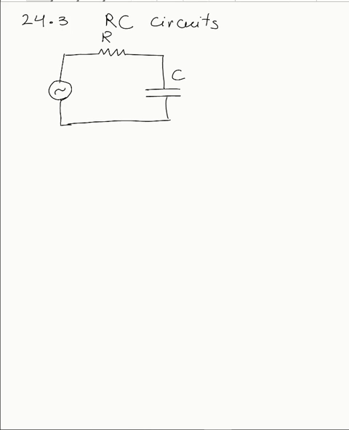To that end, we define a quantity that has a special name, and its name is impedance. So this impedance we show with the capital letter Z, and I can define it to be Z equals the square root of R squared plus X sub C squared.